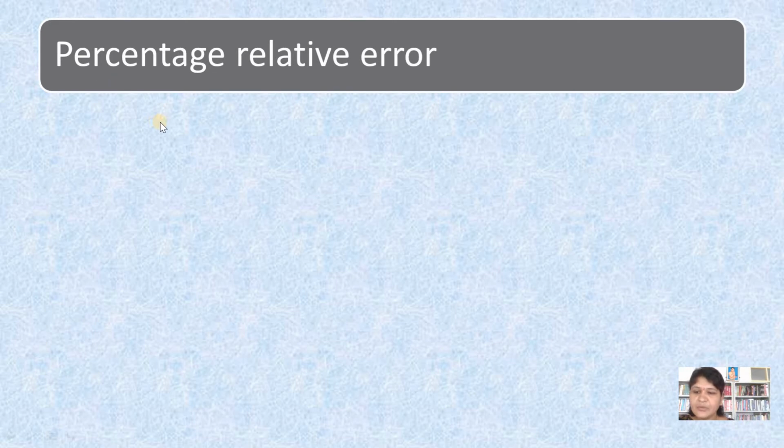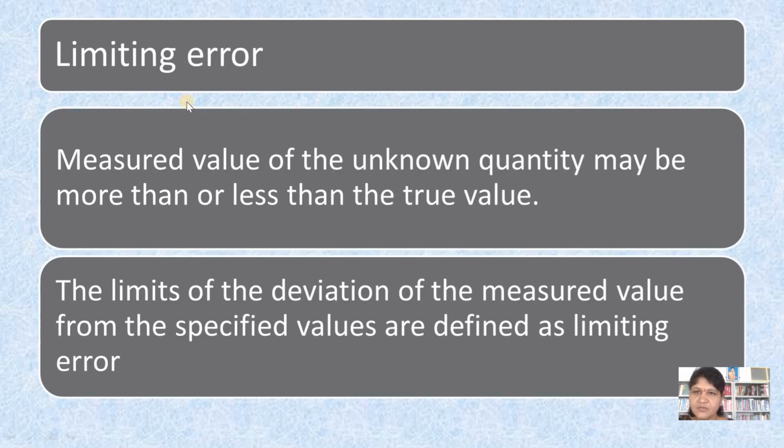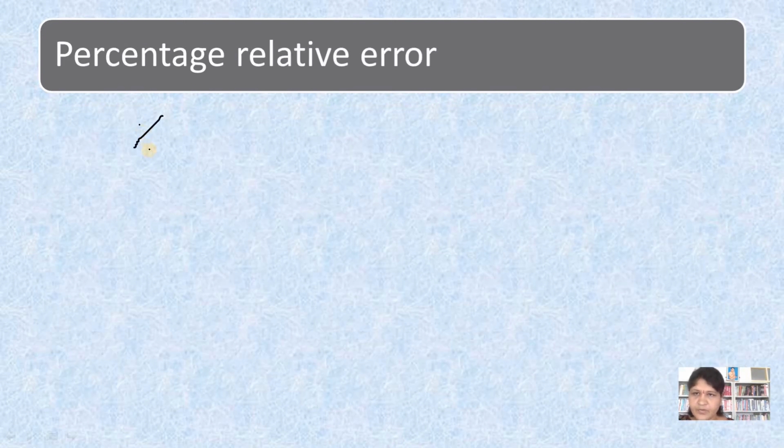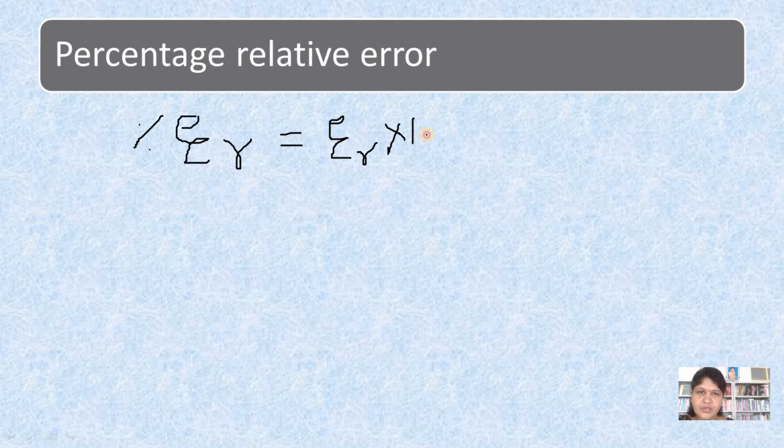So percentage relative error will be written as percentage epsilon r is equal to epsilon r into 100, which is equal to epsilon divided by A into 100.